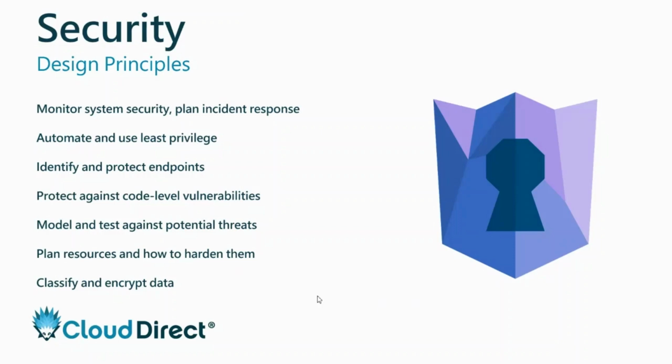Before you deploy your resources, plan them, harden them, make them harder to corrupt and harder to get access to. And for your data, classify it, understand what data you've got that's your key data, and encrypt it.